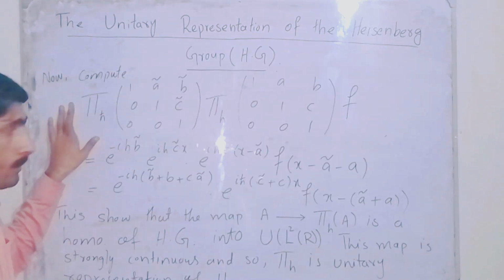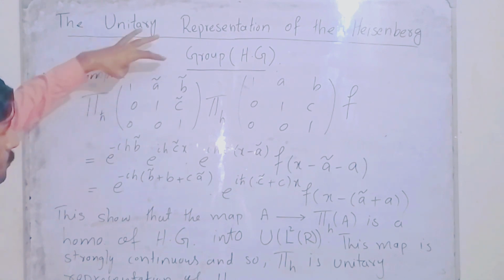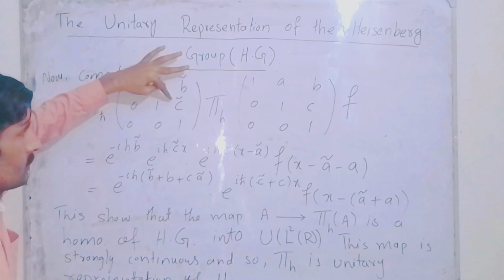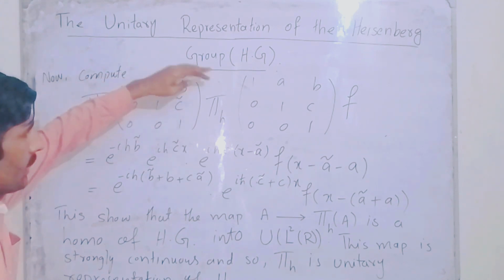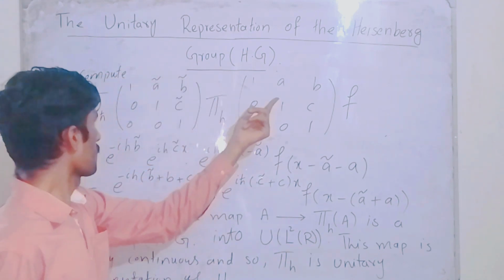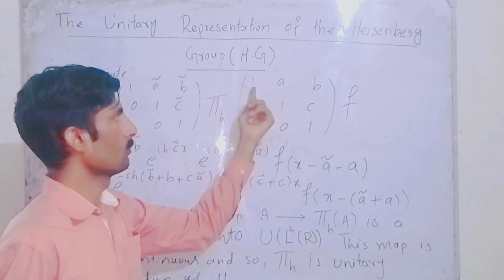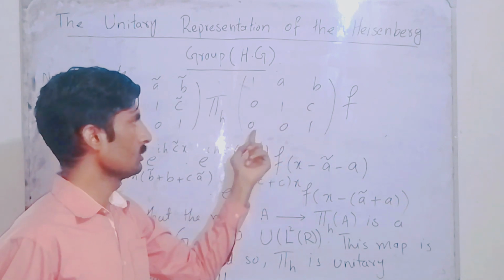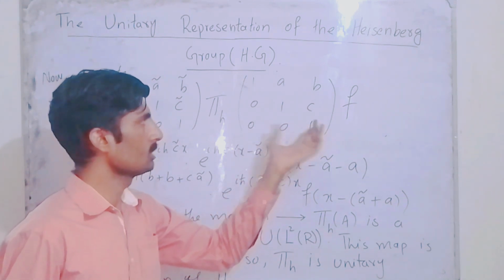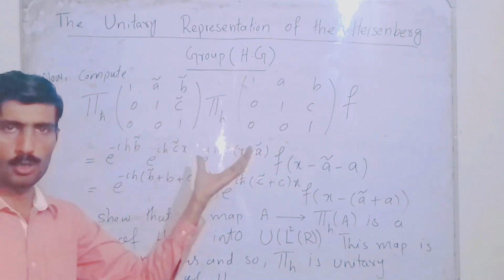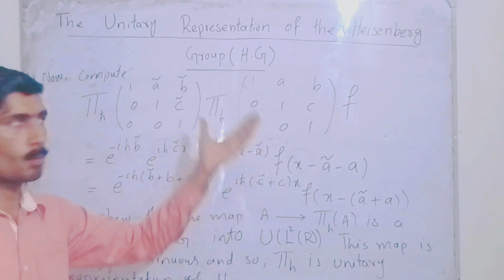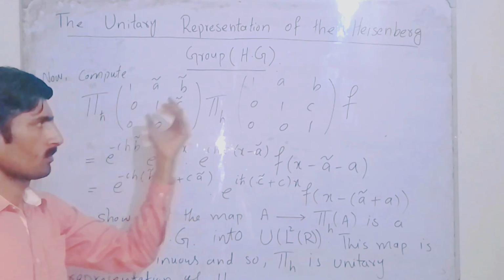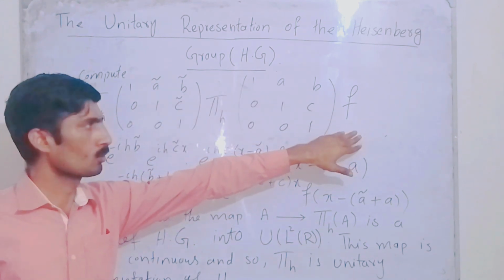Now we see the next map: capital pi_h applied to the matrix with entries a tilde, b tilde, c tilde, and to the other element with entries a, b, c. It means that we take two elements from the 3 by 3 matrices of the Heisenberg group and apply the map pi_h to f.